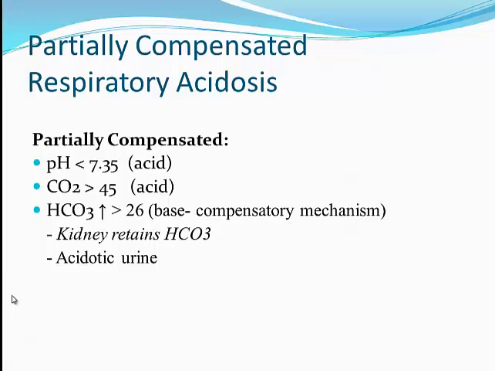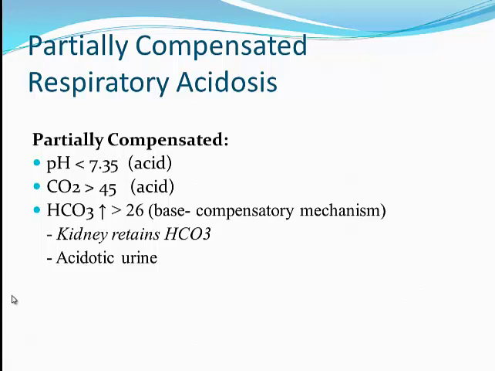Now, for a partially compensated respiratory acidosis, we'll have a pH that's less than 7.35, which means we know it's acidosis. We have a CO2 that's more than 45, which means that's an acid. A bicarbonate that's higher than 26, this is the base. This is our compensatory mechanism.